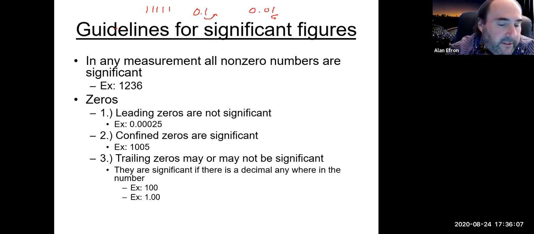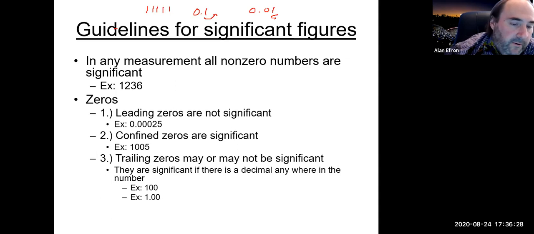But then there's always going to be a digit where there is some uncertainty. I may look at it and think it's halfway to the next mark, or somebody else may think it's pretty close to that next mark or closer to the first marking. That's really where the uncertainty in a measurement comes in.